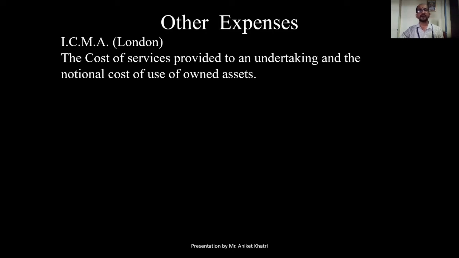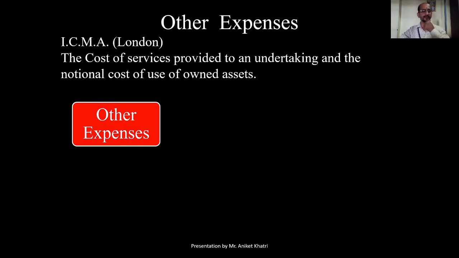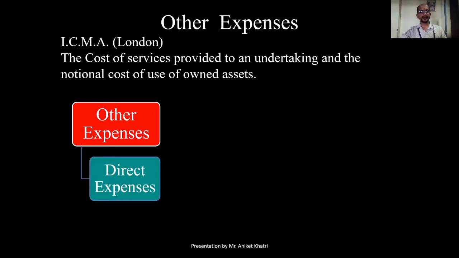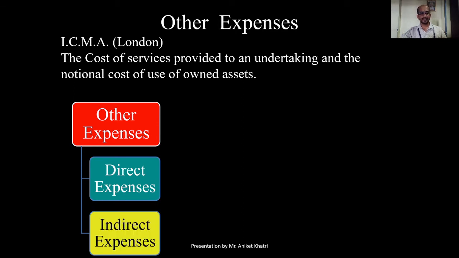So it is a notional cost incurred for use of an asset. This other expenditure is again classified into two parts. One is the direct expenses, and second is the indirect expenses.